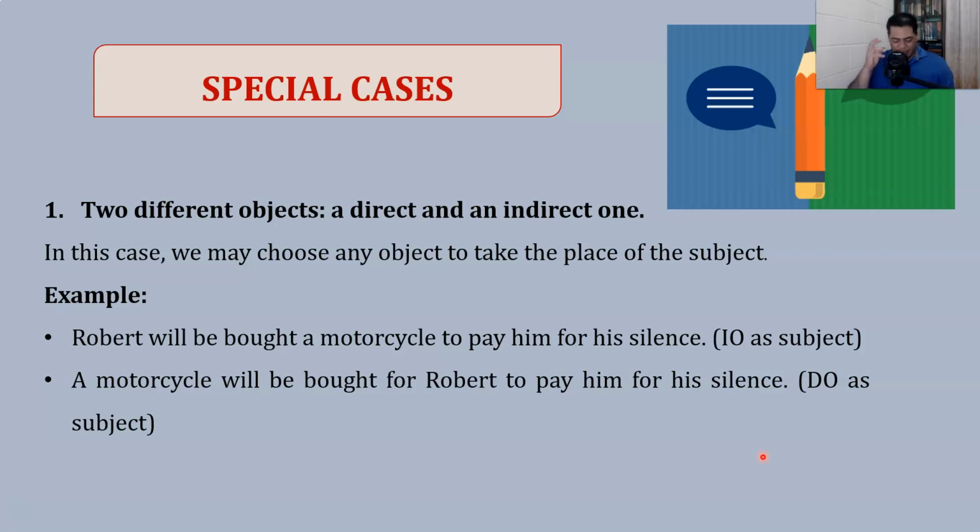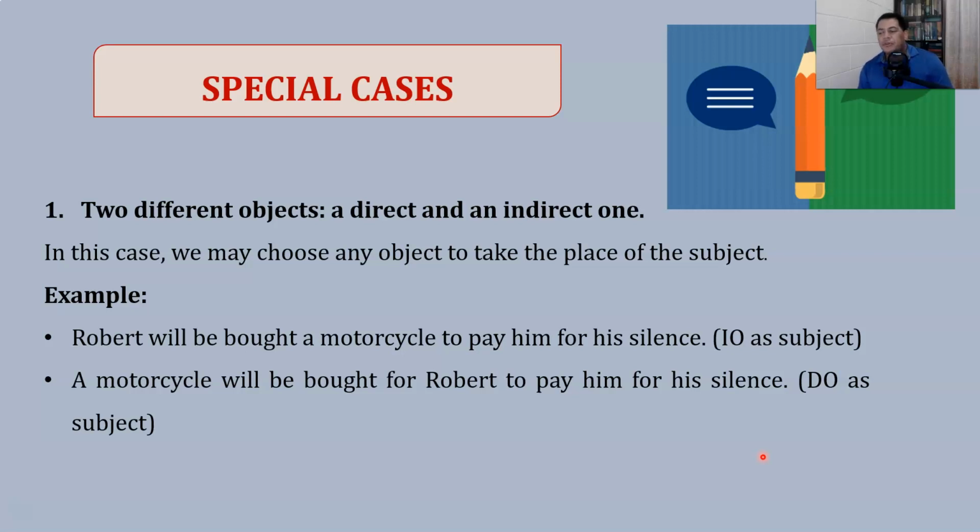Sometimes, depending on the structure of the sentence or the wording of the indirect and the direct object, we might want to use only the direct object as the subject or the indirect object as the subject, right? Again, it depends. It's a matter of style, but it's also a matter of transmitting the message in the most effective manner.